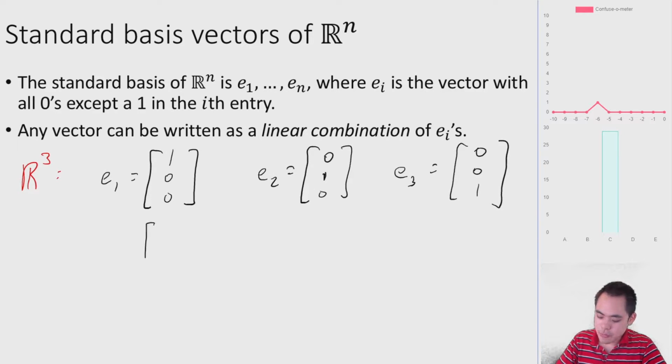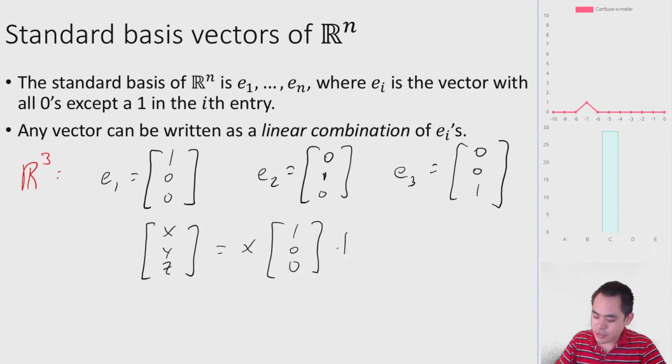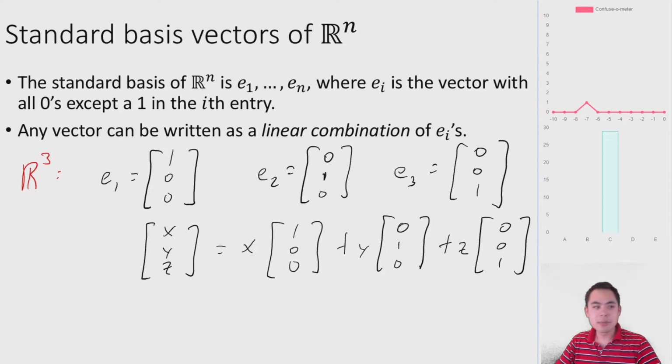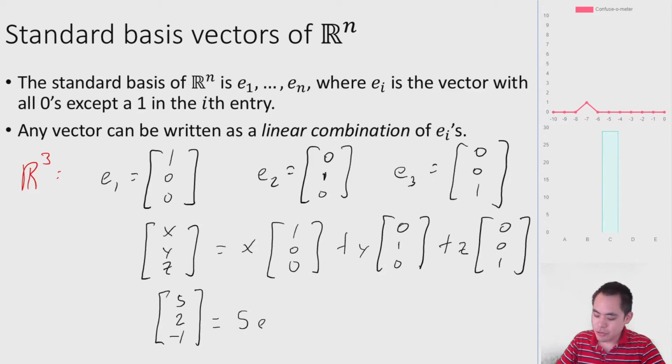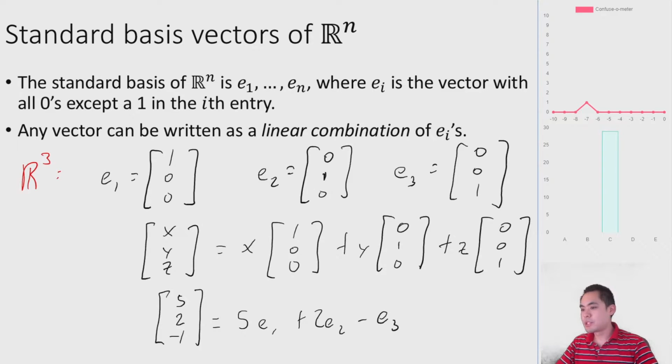And of course, for any vector (x, y, z), you can write this as x times (1, 0, 0) plus y times (0, 1, 0) plus z times (0, 0, 1). Now this might seem a little bit silly, and it is a little bit silly, but what this just means is that you can write everything as some linear combination of your E1, E2, and E3, so some multiple times those added together.